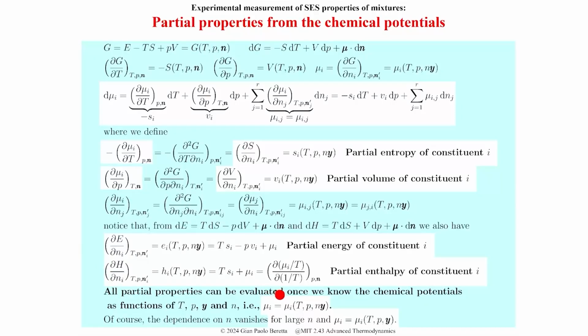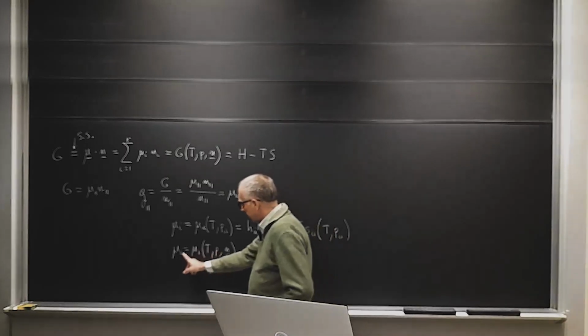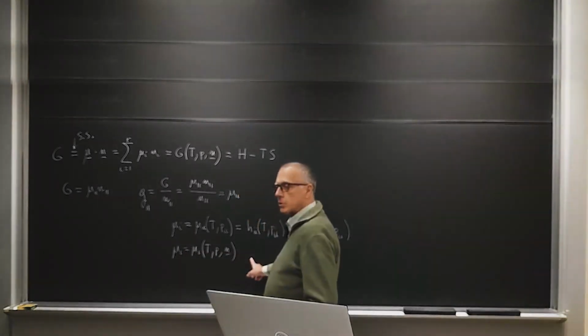What is important here is that all these partial properties, entropy, volume, energy, enthalpy, are related to the chemical potential, or to partial derivatives of the chemical potential, either with respect to T or with respect to P. So that means that if I have this expression here, I can determine by just mathematical manipulation all the partial properties of the constituent in the mixture.